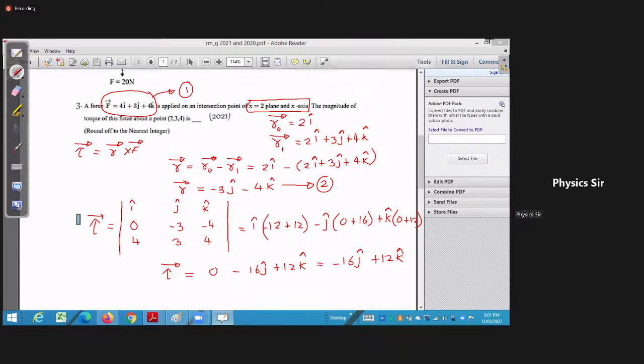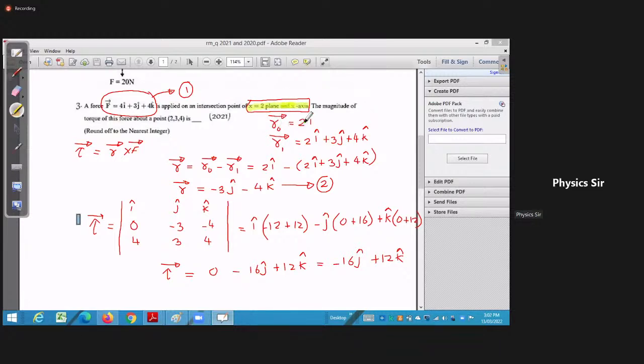The next part is, as you can see over here, that the force is applied to an intersecting point. What is the intersecting point? Of x equal to 2 plane on the x-axis. It means the force is applied at this point.